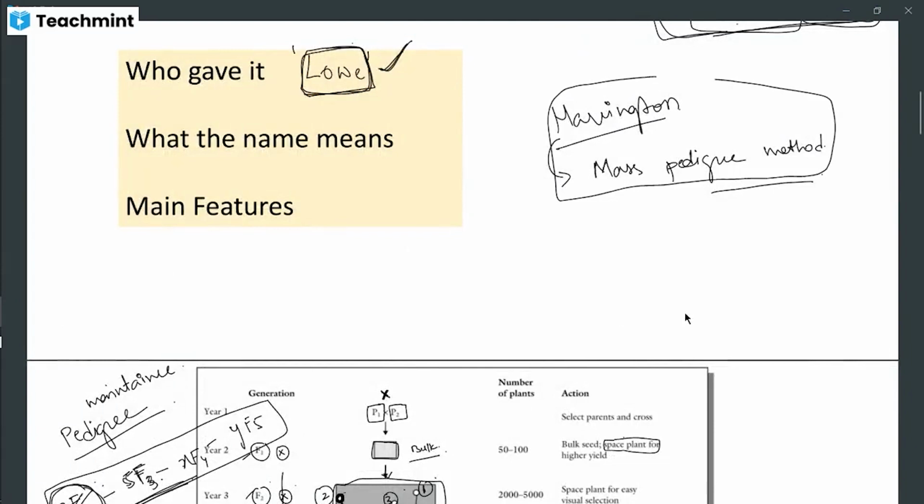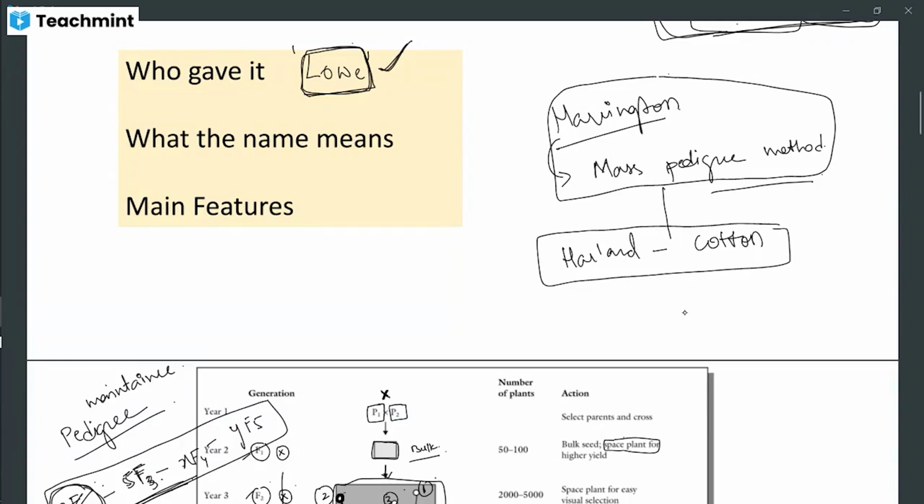This is one of your questions. And second, a scientist named Harland used this mass pedigree method in cotton. Please note this. This was mentioned in your Kundan Singh book. The mass pedigree method was given by Harrington, but Harland carried it out in the cotton plant.